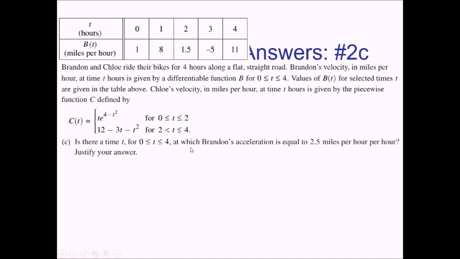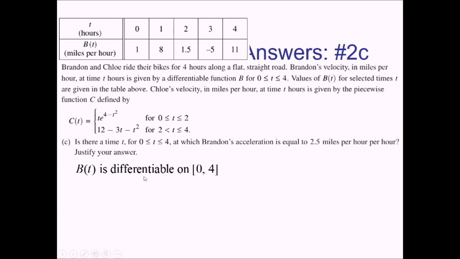So to use this, we need to first establish that the original function is differentiable on the interval that we're involving here. And we said here Brandon's velocity is given by a differentiable function b on the closed interval from 0 to 4. So since b of t is differentiable on the closed interval from 0 to 4, it's continuous on the closed interval from 0 to 4, which is a condition of the MVT, and it's also differentiable on the open interval from 0 to 4.